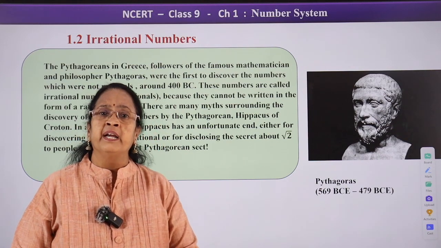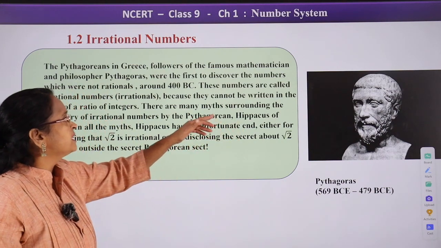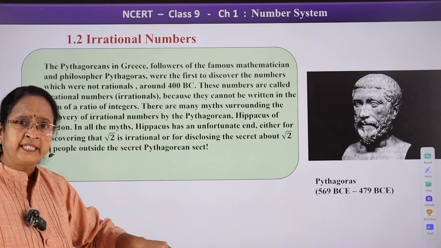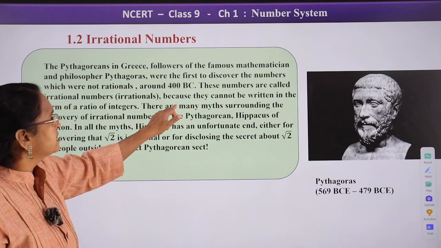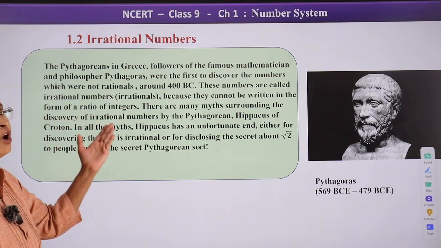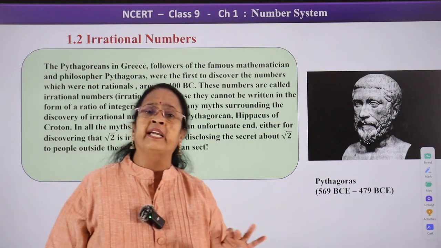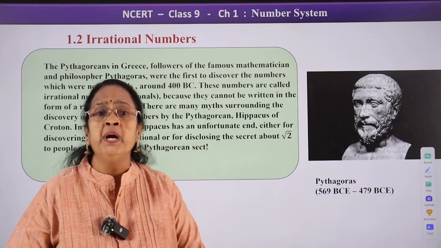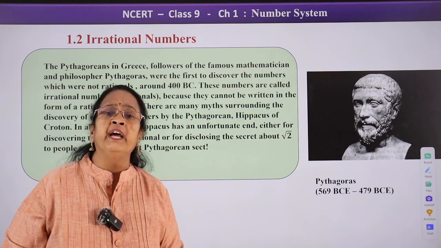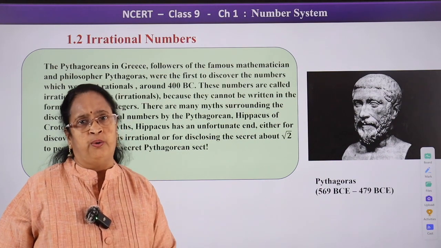What are irrational numbers? Irrational numbers are called that because they cannot be written as a ratio of integers. That is, they cannot be written in the form P by Q or A by B, where the denominator is not equal to 0.